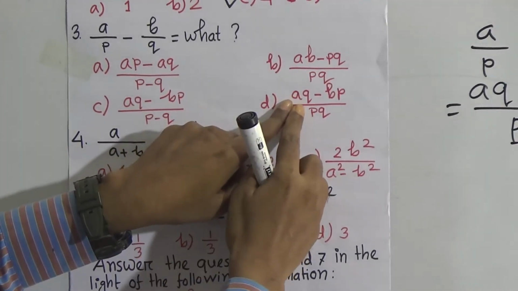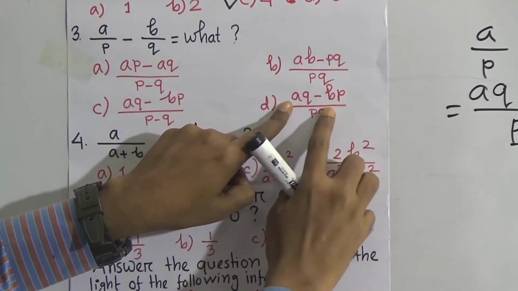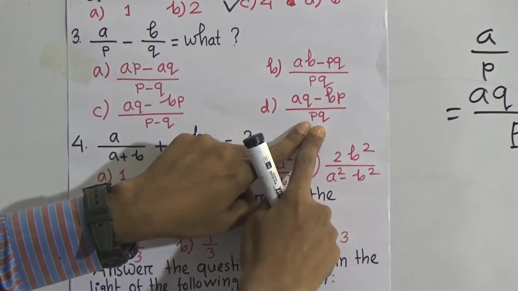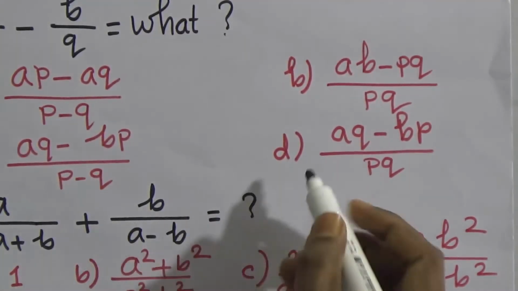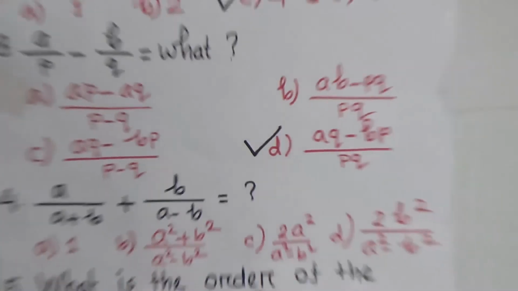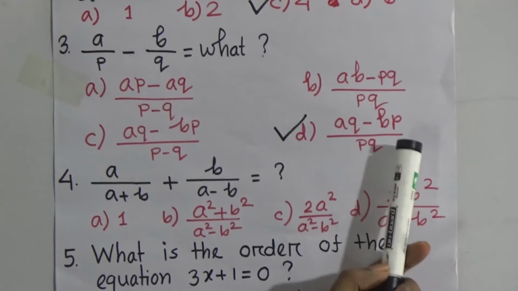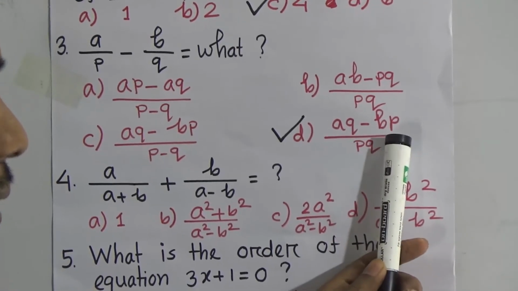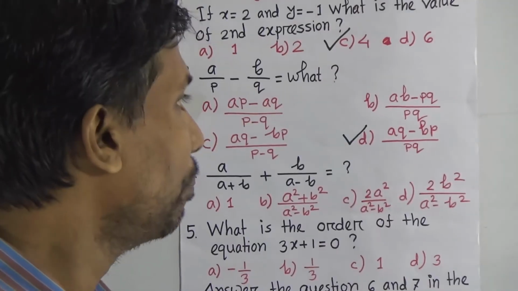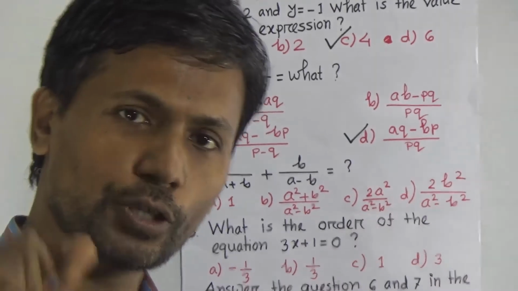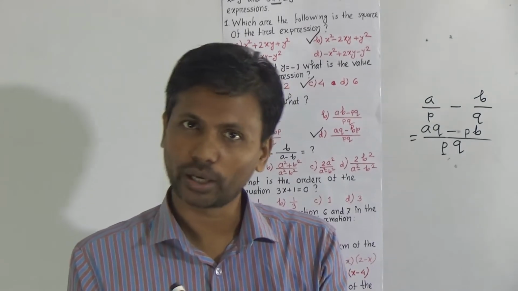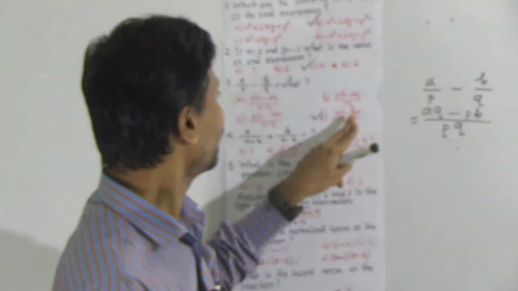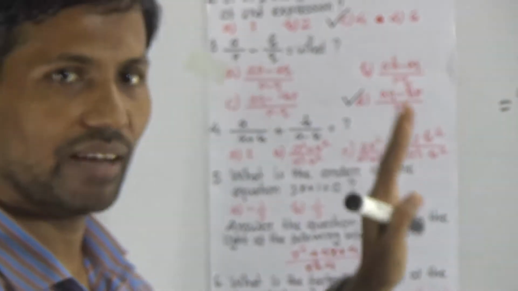In option D, aq minus pb or bp, the denominator is pq, so D is correct. So you give a tick sign at D. pb and bp are the same, because 2 into 3 equals 6 and similarly 3 into 2 equals 6. So we can say bp or pb are the same.